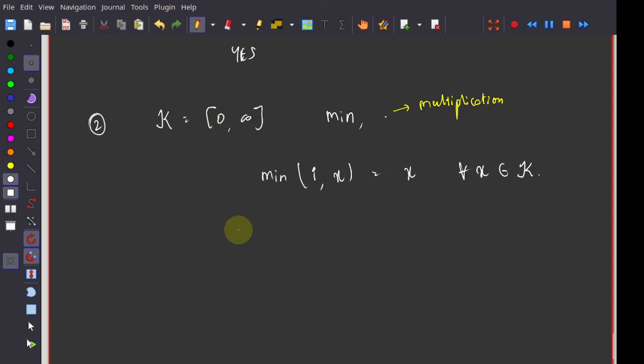So the identity in this case is infinity. Again, I'm using additive identity. Let me call it identity 1 instead. It is plus infinity. What about the second operation?